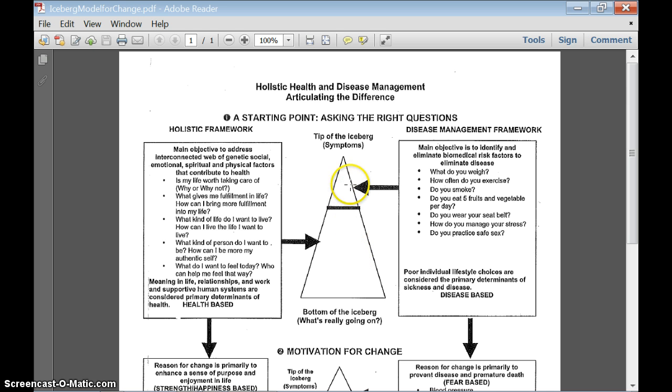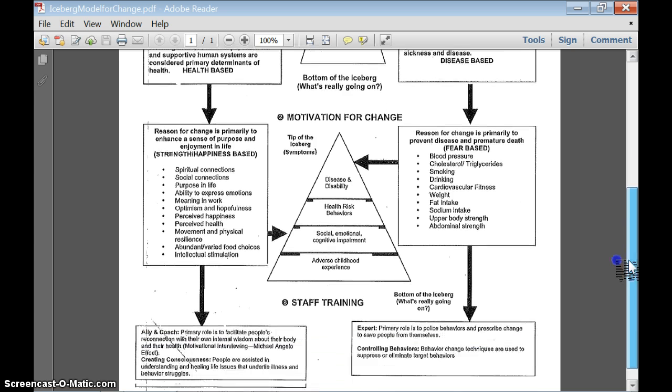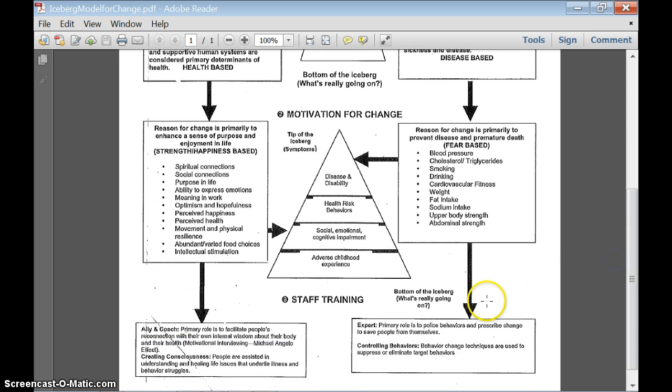So you can't just focus on the tip of the iceberg. That's okay to start there perhaps, but you've got to get below the surface in terms of looking at motivation for change, right? So yes, some people are motivated by reducing risk of disease or reducing the risk of disability, but that's not all of the people.